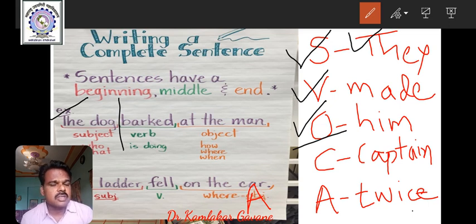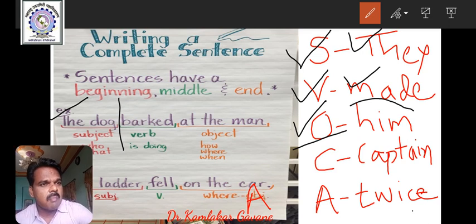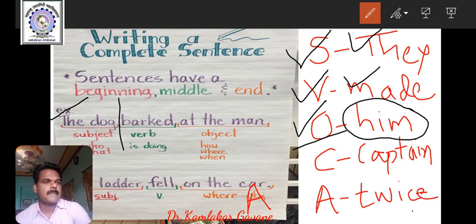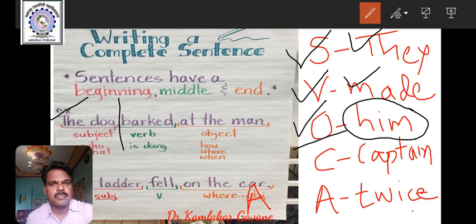What is the action? They made, making captain. Making is the action. Doer of action, they. The action is to make, and the action of making is done upon him. Hence, him is the object, the third element. Object is the receiver of action.